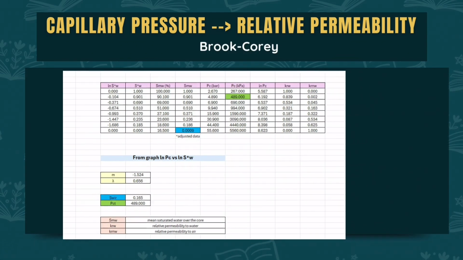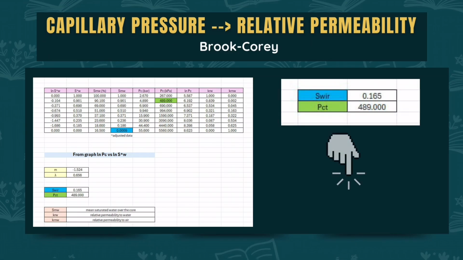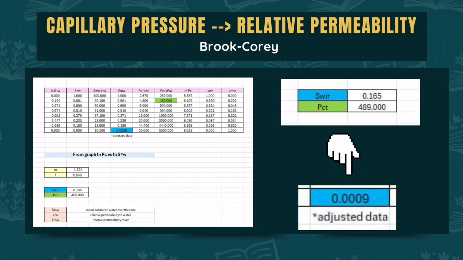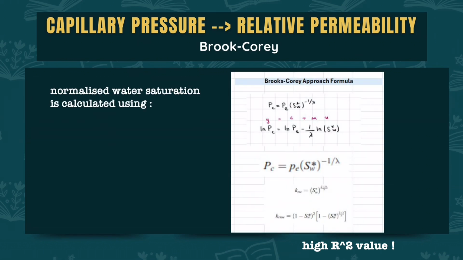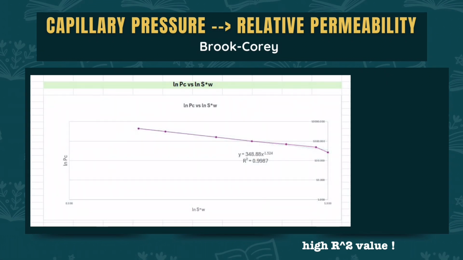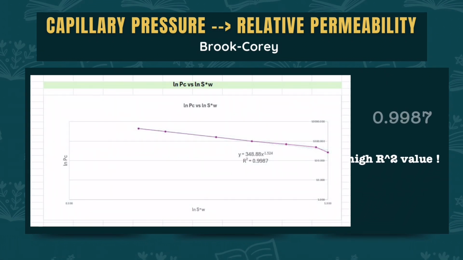In the Brooks-Corey model, we adjusted Swir to 0.009 to achieve a high coefficient of determination, R². The normalized water saturation was then calculated using equation 8. Plotting ln Pc against ln normalized water saturation gave an R² value of 0.9987, validating the model.